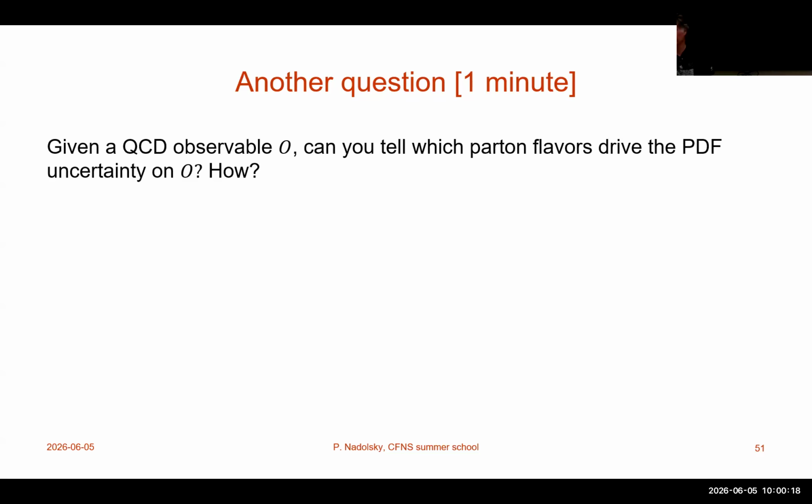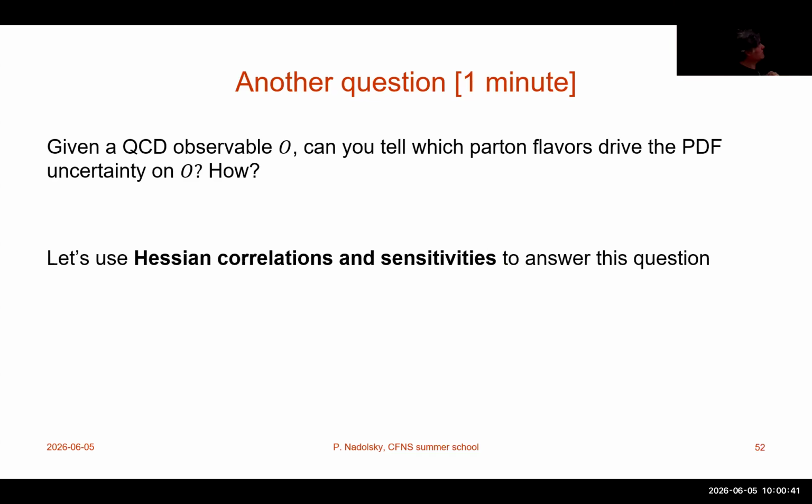Okay, so I'll give an answer since we're out of time. One way you can do this is to use this Hessian formalism to estimate correlations between the PDF uncertainty for your measurement of interest and any other measurement that determines PDFs. This is a formula based on so-called Hessian correlations and sensitivities.